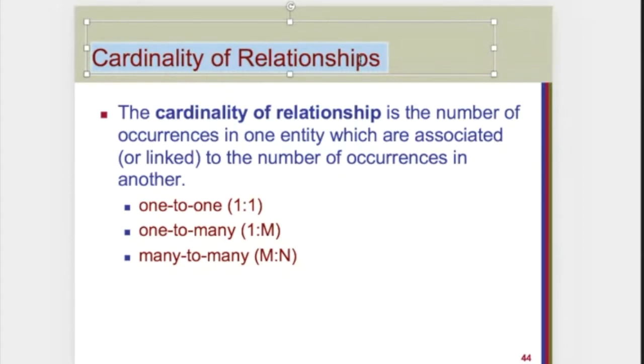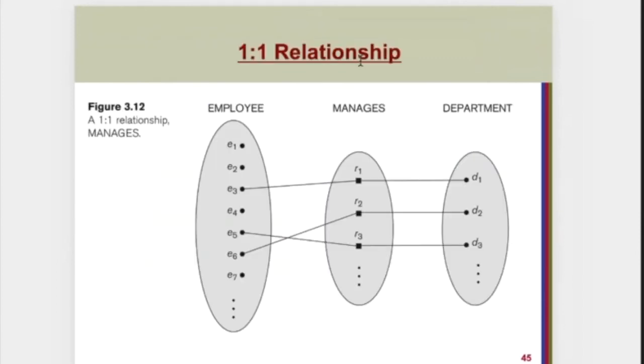The cardinality of a relationship means the number of occurrences in one entity which are associated with the number of occurrences in another. For example, see here, this is one entity, employee, and the second entity, department. This is the relationship. R1, R2, R3 are the relationships. Name of the relationship is manages. Name of this entity is employee. Name of this entity is department.